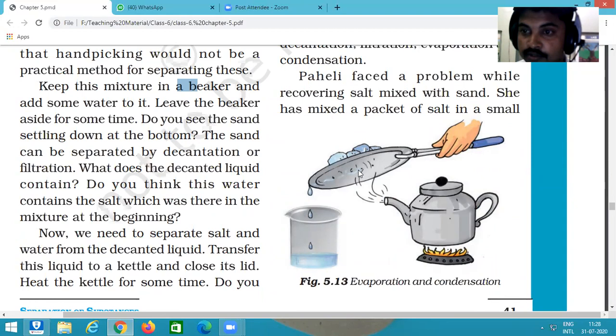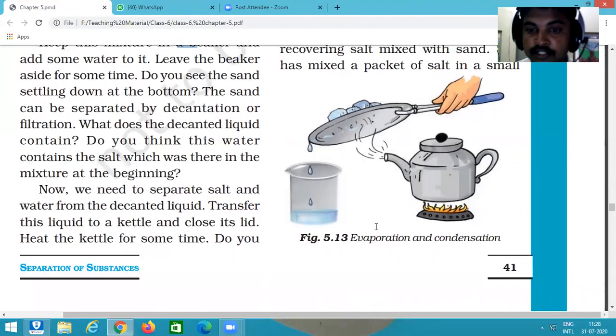The process of conversion from vapor to liquid is known as condensation. The process in which water converts into vapor is known as evaporation, and the process in which vapor converts into water is known as condensation.